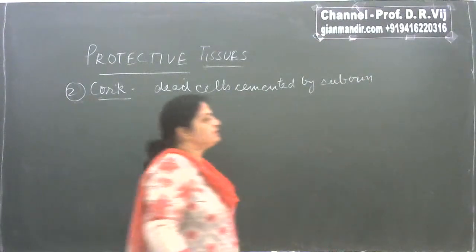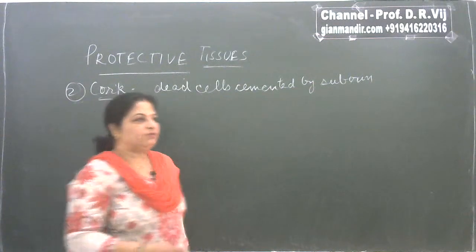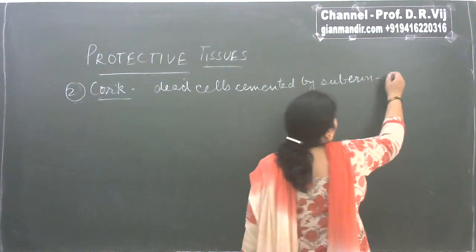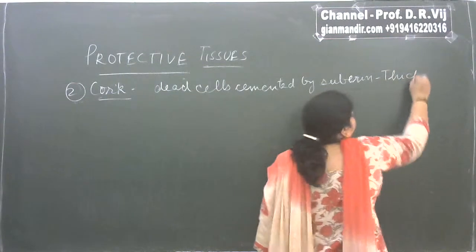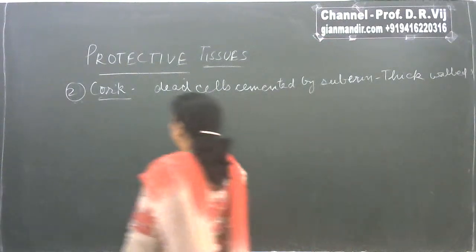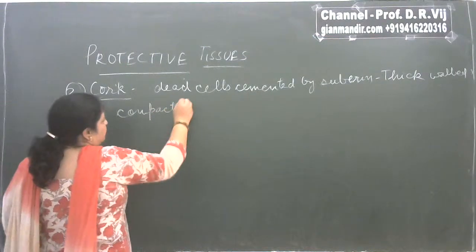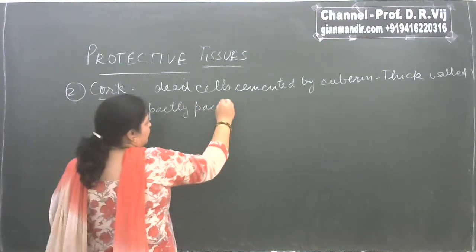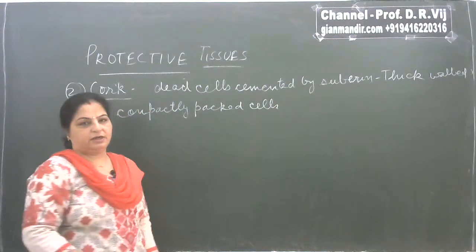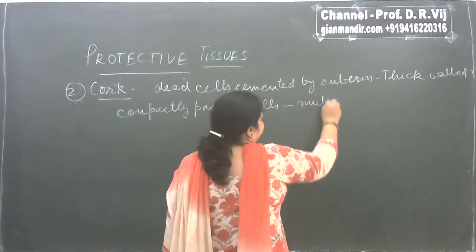So due to deposition of suberin, the cork cells become more thick walled and again very compactly packed. So the cells are thick walled, compactly packed cells. And as you have seen, epidermis contained a single layer, but cork has multiple layers.